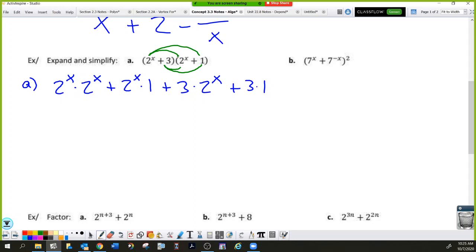Something squared, right? So anytime you multiply something to itself, you are squaring that object. 4 times 4 could be written as 4 squared. X times x could be written as x squared. So 2 to the x times 2 to the x can be written as 2 to the x squared.